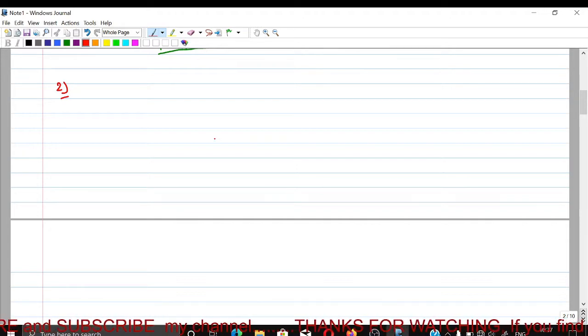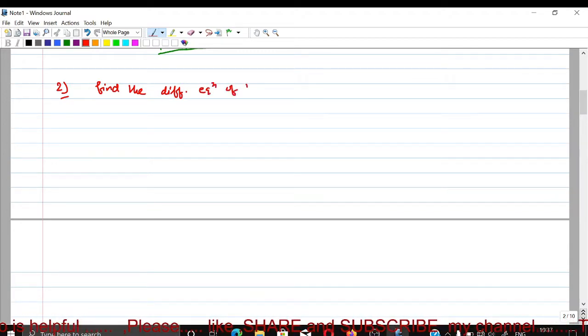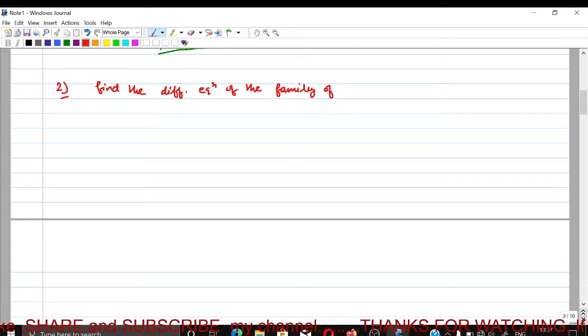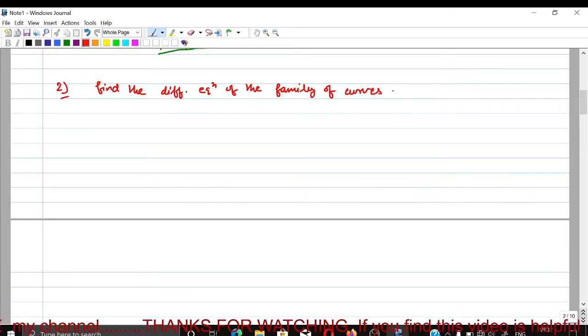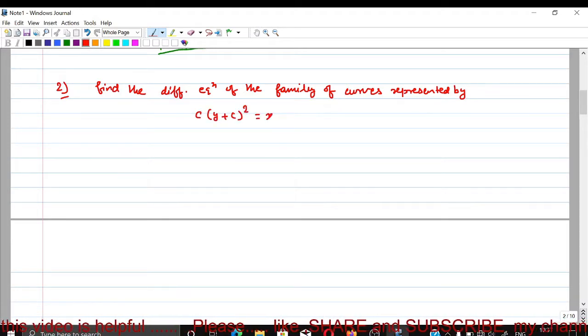So our next problem is: find the differential equation of the family of curves represented by (y plus c) whole square equal to x to the power 3.